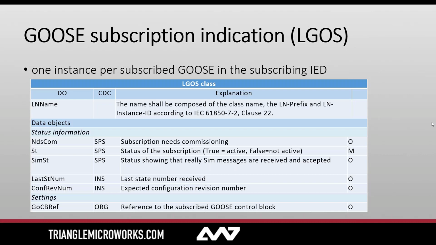As you said, the big vendors meanwhile all support the LGOS, and also LSVS if they support sampled values. The way the LGOS is configured is a little bit different between the manufacturers, but the support is there.